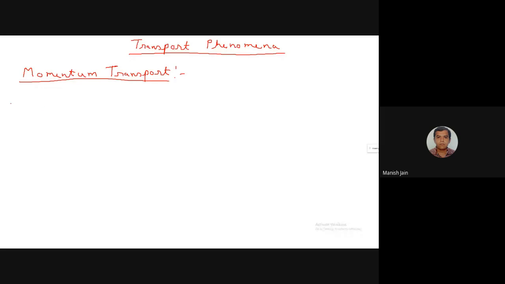So I am just quickly revising the no slip boundary condition. What is no slip boundary condition? This is widely used in the momentum transport. है ना? In every problem you have to use this assumption that no slip boundary condition is applicable.